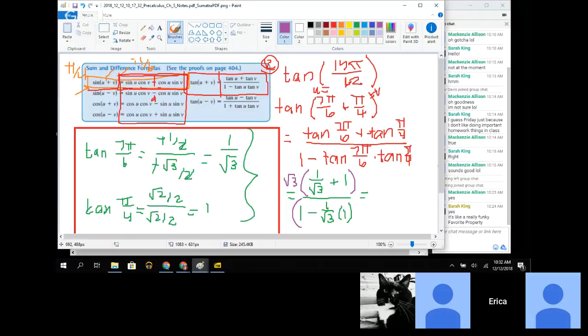Multiply the top and the bottom by the square root of 3, and then we'll get rid of all the square roots. So the square root of 3 times 1 over the square root of 3 is 1. The square root of 3 times 1 is the square root of 3. And the square root of 3 times 1 over the square root of 3 is 1.